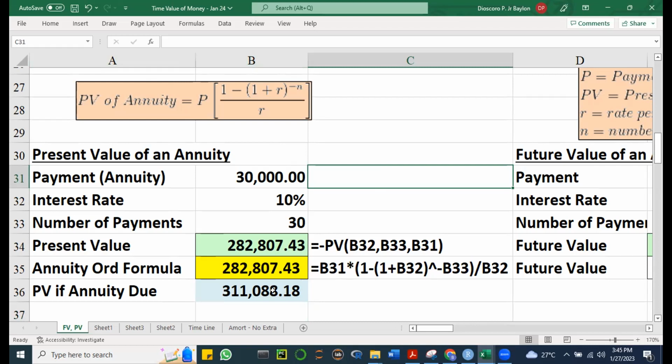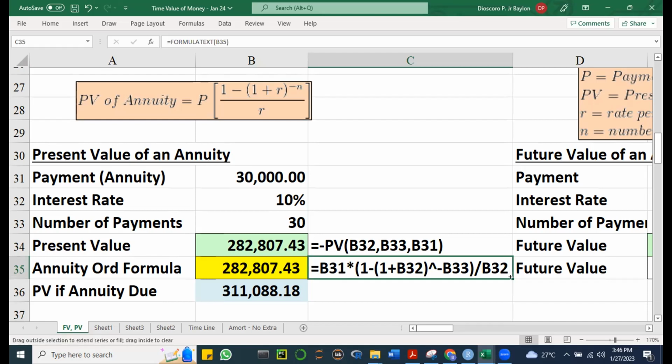The only difference between the first one, the present value of an ordinary annuity, and this one, annuity due, is that we qualify it to be annuity due by including 1 at the end.